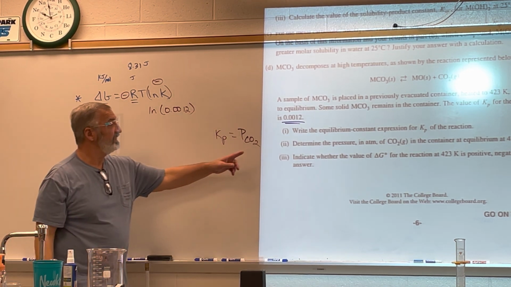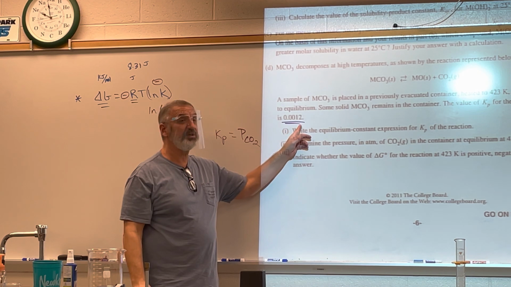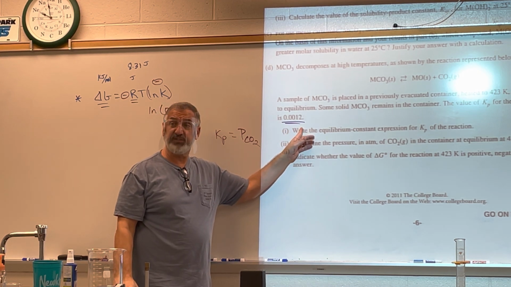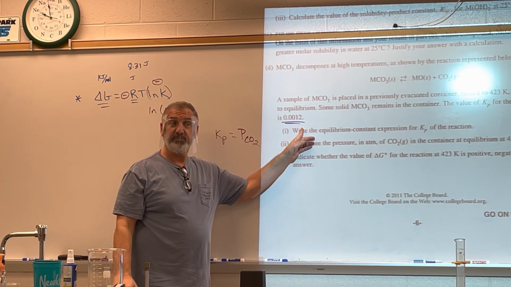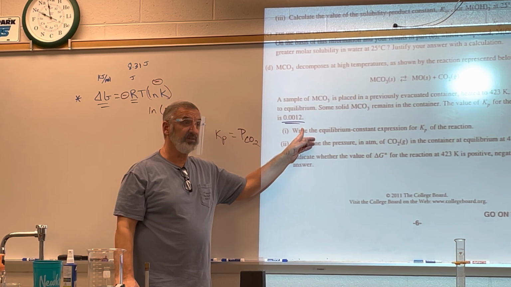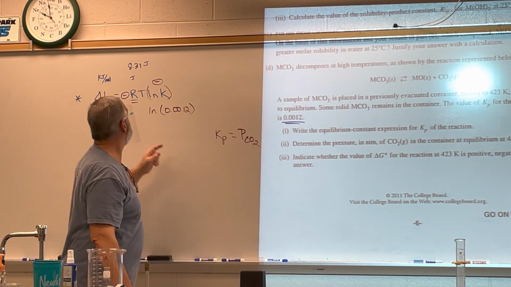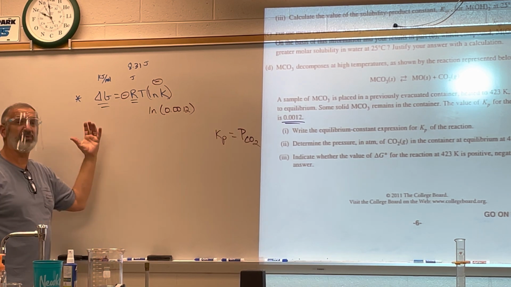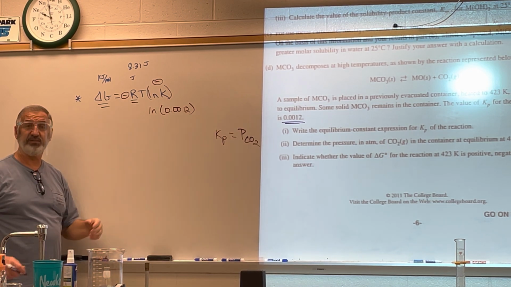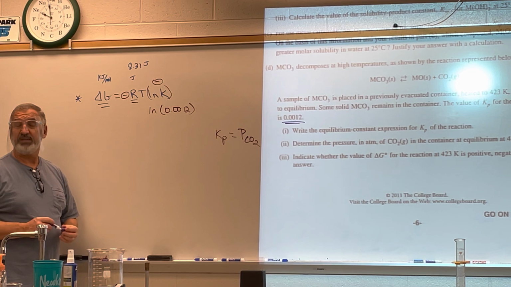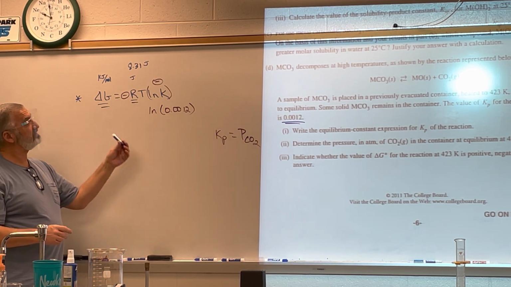Positive, because if K is 0.0012, is this reactant or product favored? That's reactant favored. Okay, so it wants to go this way, not that way as much. So delta G is going to be positive, meaning it's really pretty much a non-spontaneous reaction. It does go some, but it really wants to come back the other way.